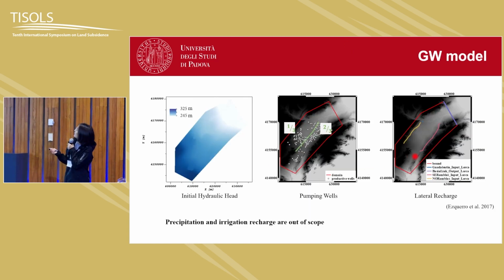All the boundary conditions are provided by the Spanish group, but we didn't include the rainfall or the irrigation recharge. From our perspective, these recharge flows are too hard to infiltrate into the saturated zone because the water table has dropped 150 meters.